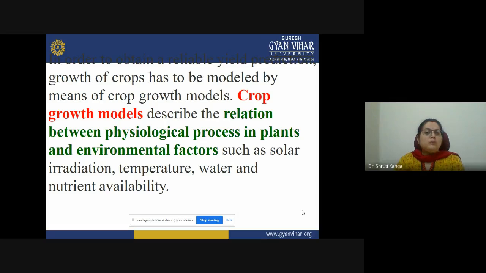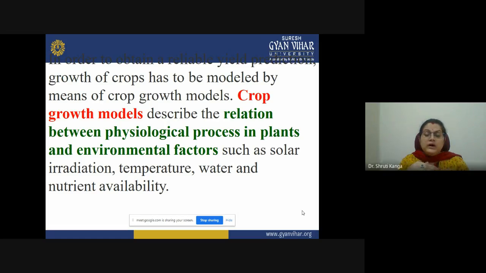So in order to obtain reliable yield production, growth of the crops is modeled by means of crop growth models. So crop growth models basically describe the relation of physiological processes in the plant and the environmental factors such as solar irradiation, temperature, water, and nutrient availability.